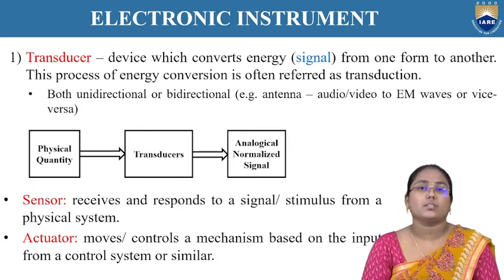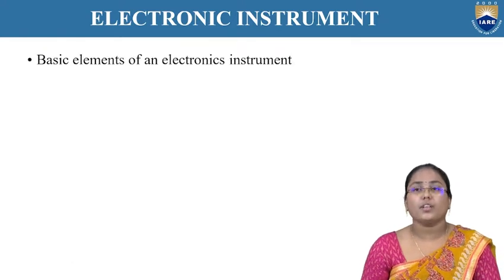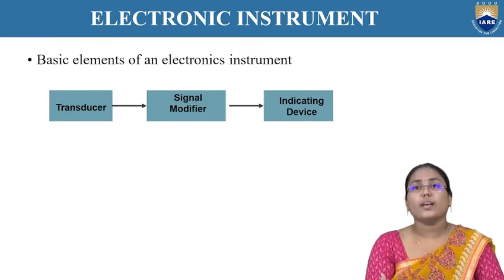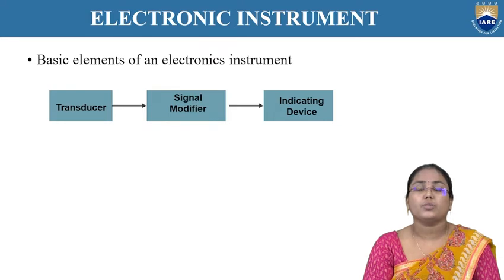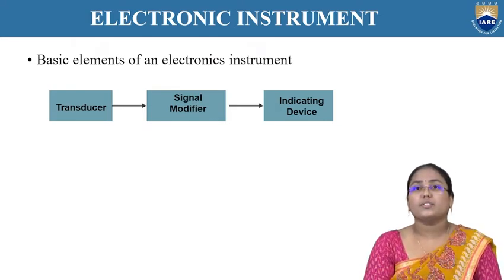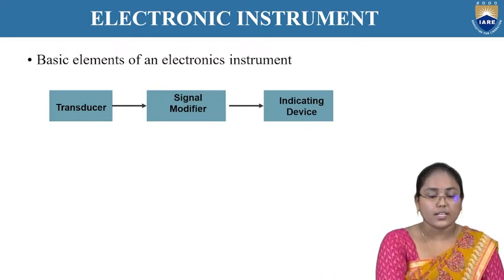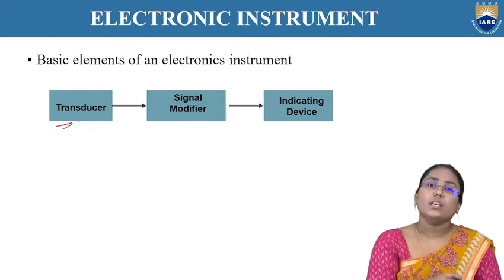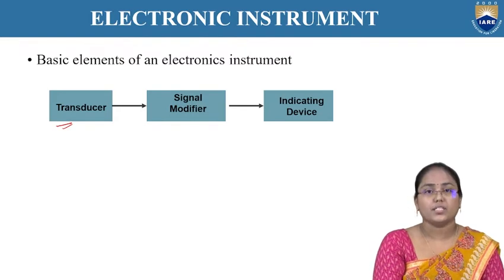So this thing we have discussed. Now let us move on to the basic elements of an electronic instrument. When we look at a particular electronic instrument, what it basically has is a transducer followed by a signal modifier, and finally an indicating device. The transducer converts one form of signal to another form, or one form of energy into another form.